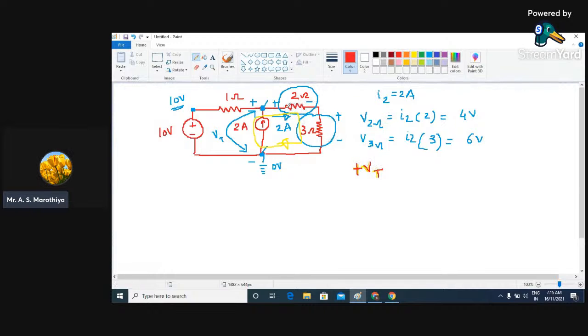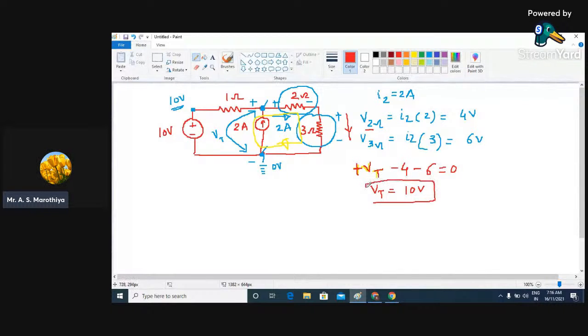Then we are moving through this, so we are going to experience a drop, and the drop is minus V2, that is minus 4 volt. So this is going to be minus 4. And then when we are moving clockwise, that means in this particular direction, again we are going to experience a drop because we are moving in the direction of current. And the drop is going to be minus 6, and this is going to be equal to 0. So if you solve for the value of Vt, you will get exactly what?